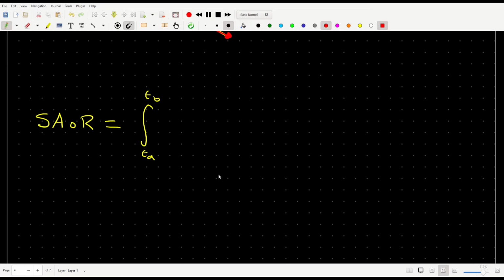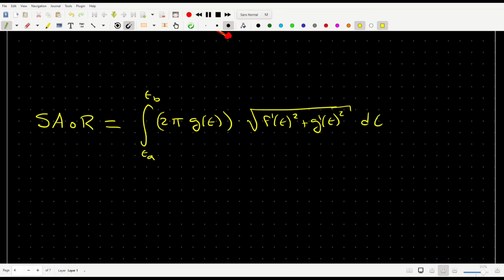So the surface area of revolution will be 2 pi times g of t times the square root of f prime of t squared plus g prime of t squared dt.